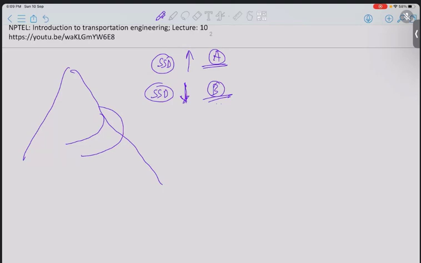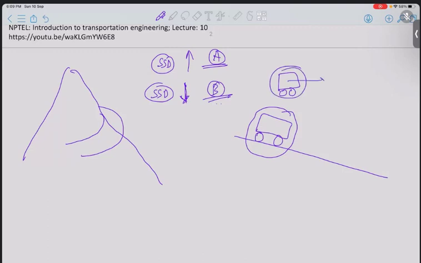Why? Because when you are on a downhill and you apply brake, previously the brake had to stop you only for your momentum, whatever initial velocity you had. Now whatever braking mechanism you have in your car, it has to compensate for the weight component which is acting in the downward direction, right?